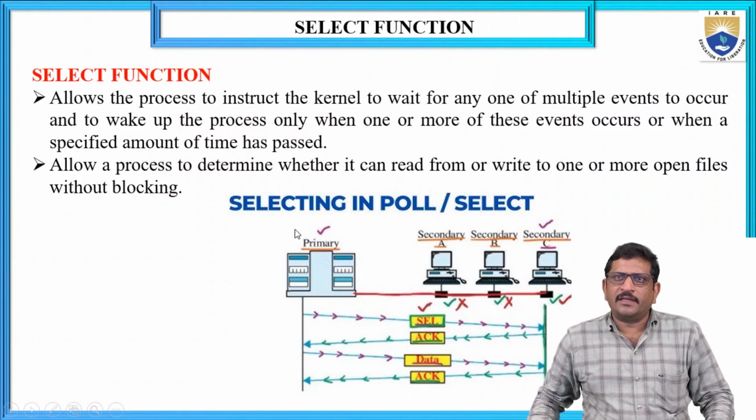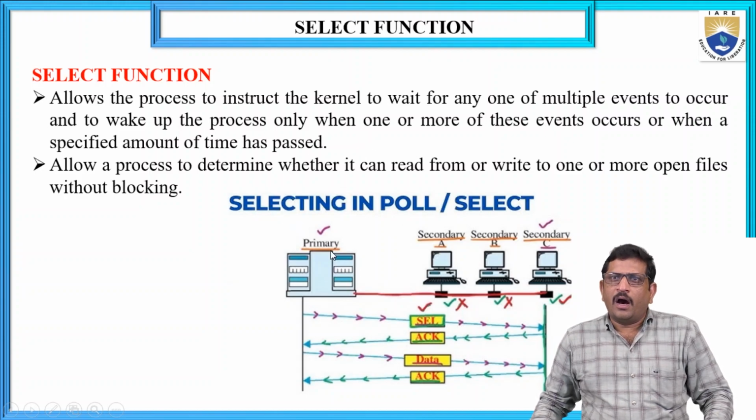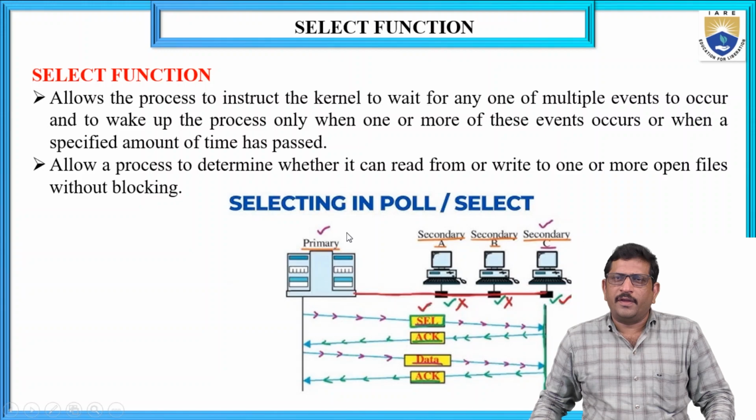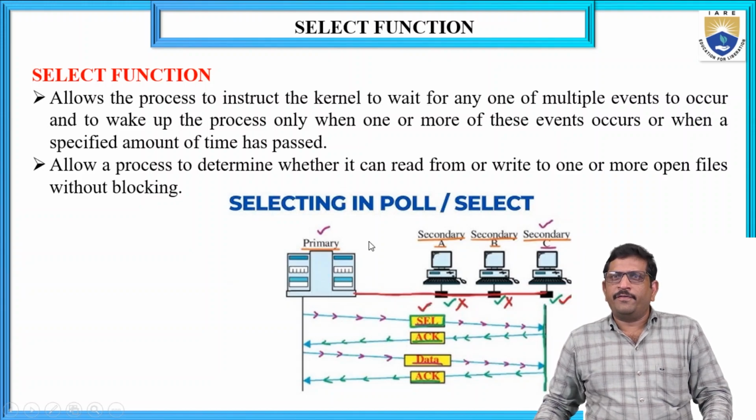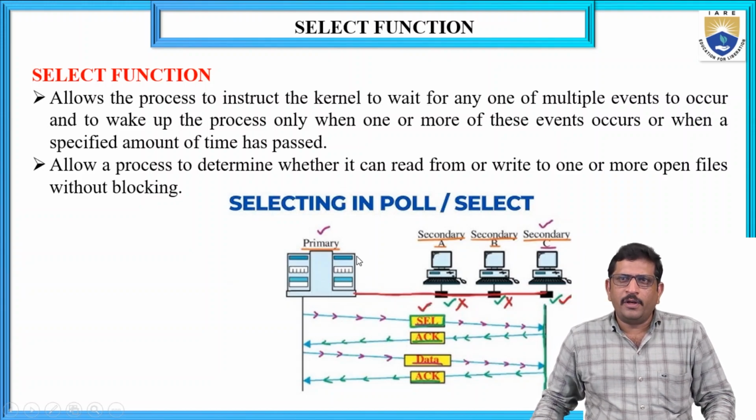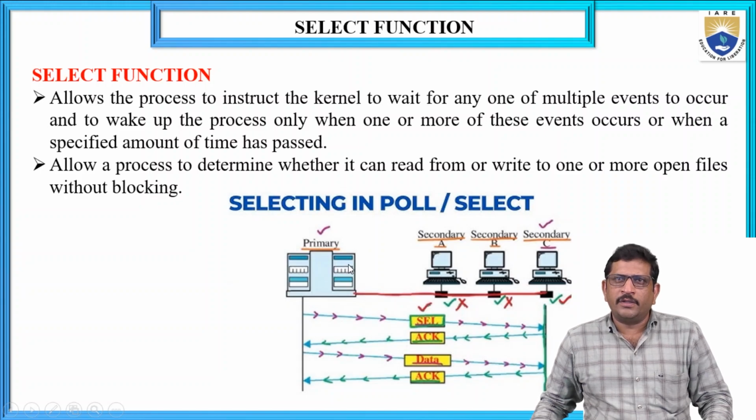Here, the select function, or poll, allows the process to instruct the kernel, the operating system, to wait for one of multiple events to occur and to wake up the process only when one or more of the events occur, or when a specified amount of time has passed.